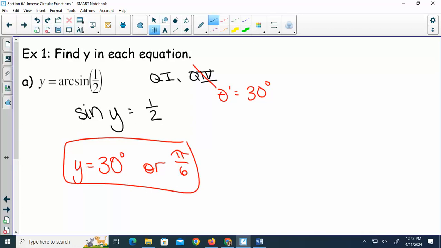So, if the problem starts with an inverse, you can only get one answer. You're not telling me every time on the circle sine is equal to 1/2. You're telling me for that inverse function, the single time that it is 1/2.